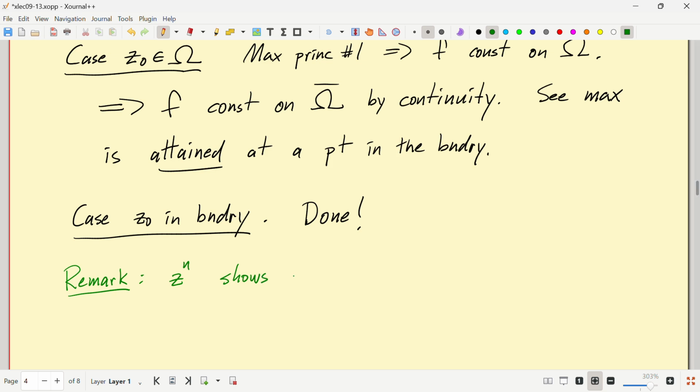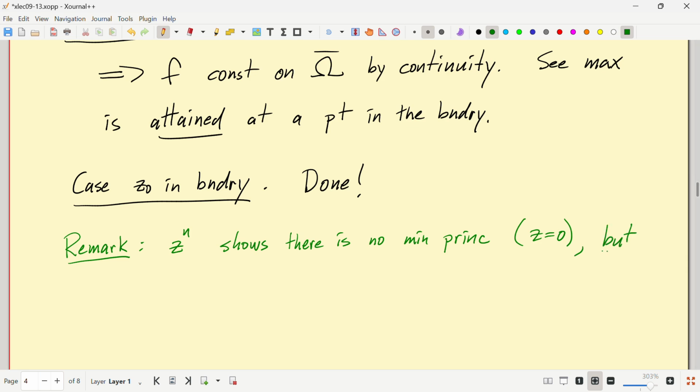Shows there is no minimum principle. For example, because there's a 0. And the function is not constant. That's obviously where the minimum occurs, and it's not constant.